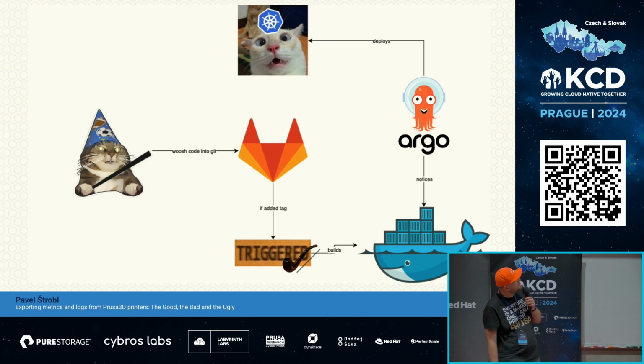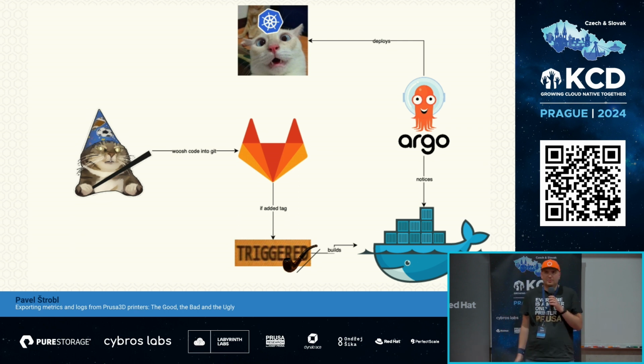Okay, this is a very simplified developer pipeline. Developers get their code, push it into GitLab, and if they add a tag, it triggers a CI pipeline in GitLab, and it builds a Docker image. Basic stuff, right?